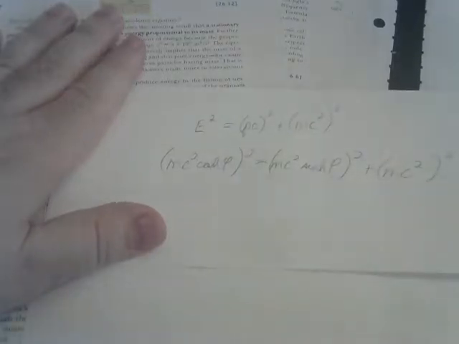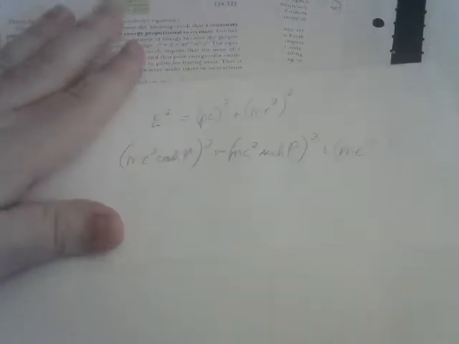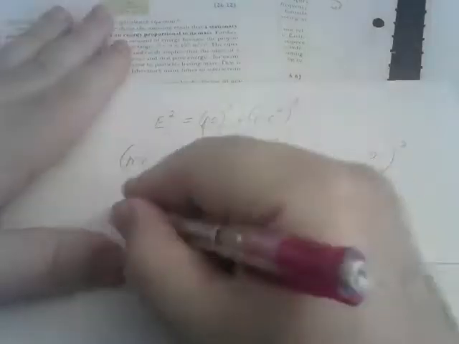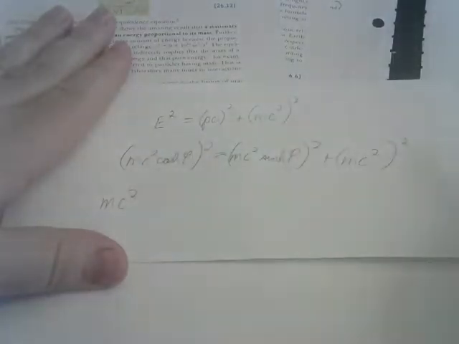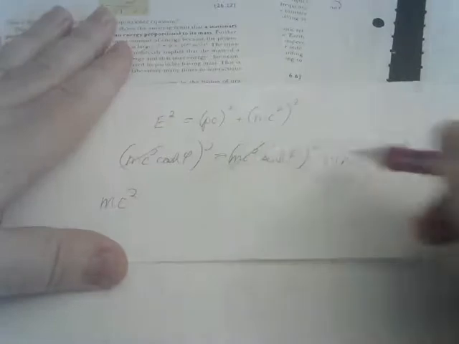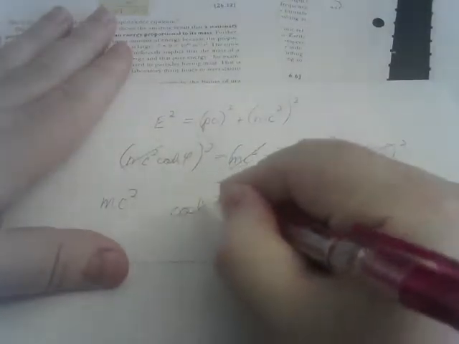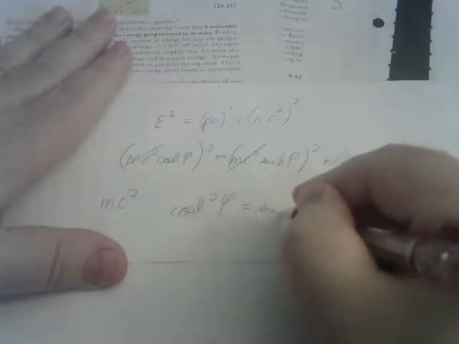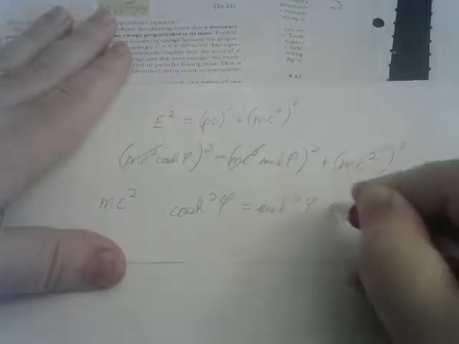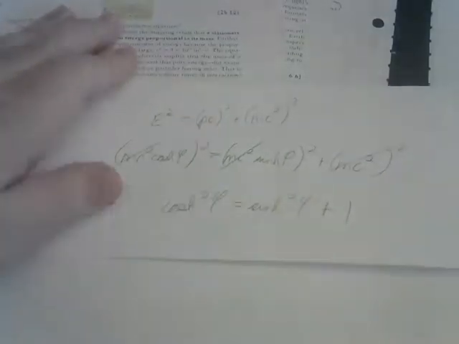So we can divide everything out by the mc squared squared, and we end up with cosh squared phi equals sinh squared phi plus 1. It's just that equation multiplied by mc squared.